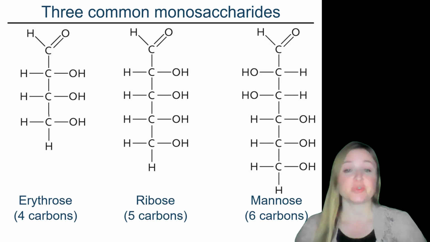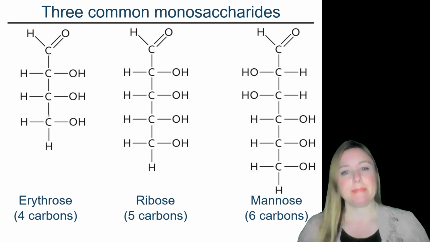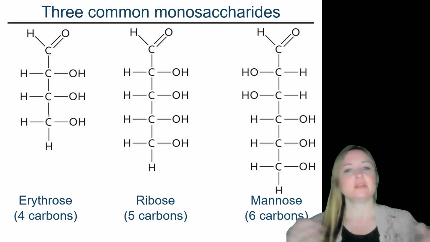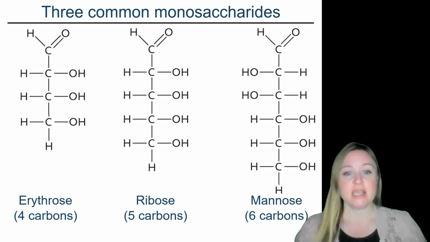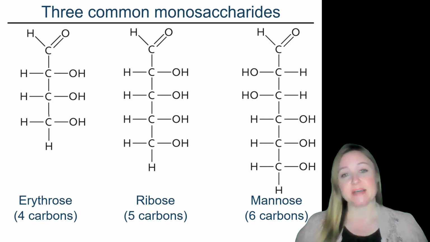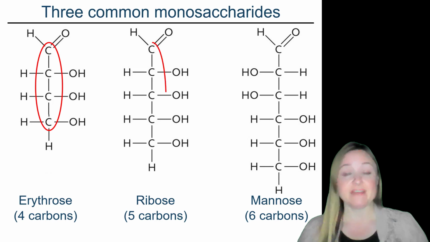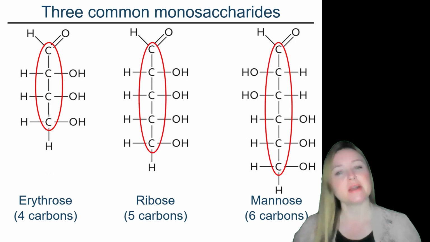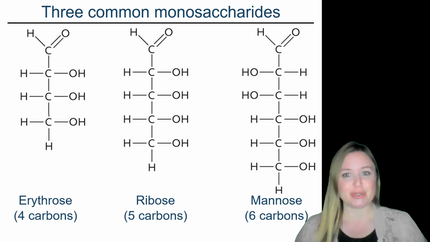And here's the structure of 3 common monosaccharides, namely erythrose, ribose, and mannose. Don't get caught up in memorizing the structures of these. I want you to look at them sort of from afar. What you'll notice is that they can have different numbers of carbons. Erythrose has 4 carbons, ribose has 5, mannose has 6 carbons. So the monosaccharides generally have between 3 and 7 carbon atoms.